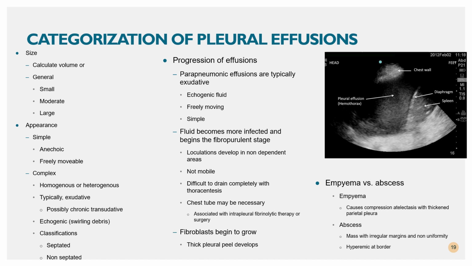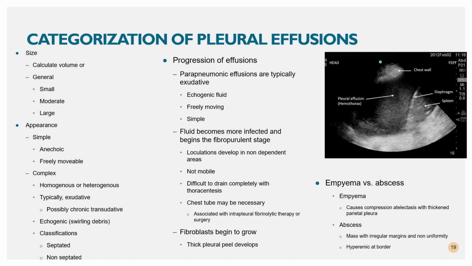Now, another finding you may have is empyema versus abscess. So empyema is going to be a lot more purulent, thicker, and it's going to cause more compression and atelectasis to the lung. It's also going to result in the thickened parietal pleura. Whereas an abscess is going to be more of a contained mass.